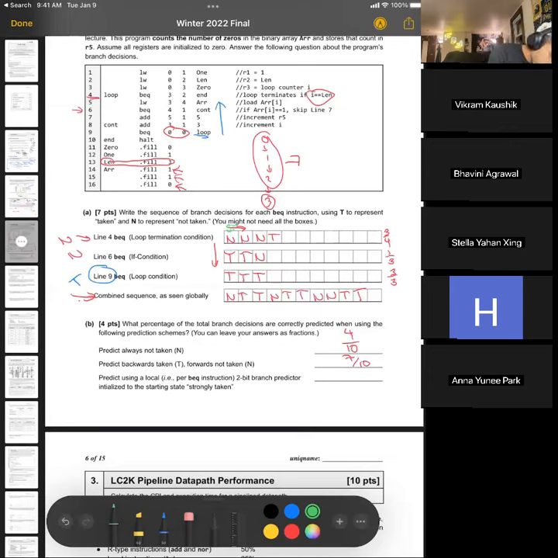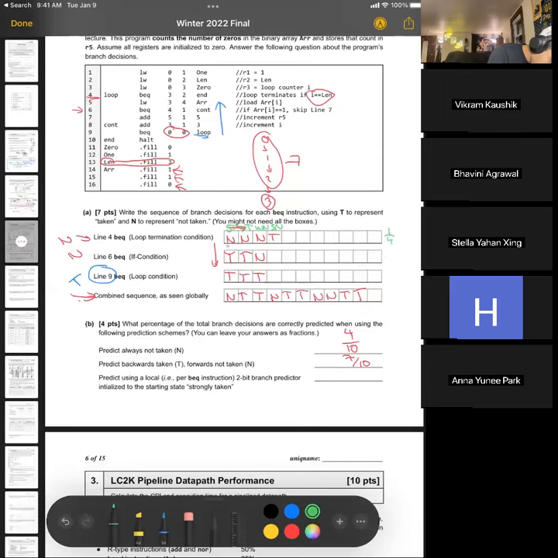Because we got it wrong, we move to weakly taken and get it wrong again. Then we predict weakly not taken and get it correct, so we move to strongly not taken, and then get incorrect. So we got it wrong, wrong, correct, and wrong. That's 1 for 4 here.